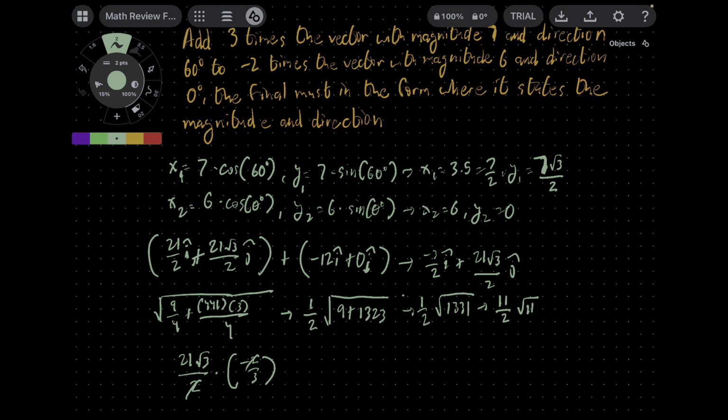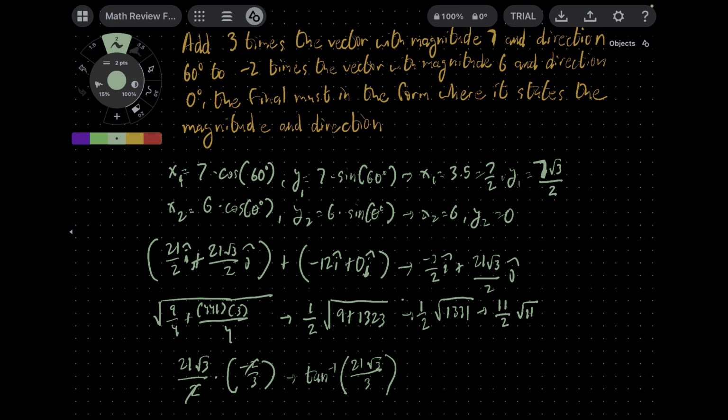Then this becomes tan inverse of 21 times the square root of 3 divided by 3, with a negative sign. What this would be is some radian value above 45, and it would be a very long decimal that I really don't want to show right now. So I'll leave you at that. If you want, you can just plug it into Desmos or anything and figure out what it would be.